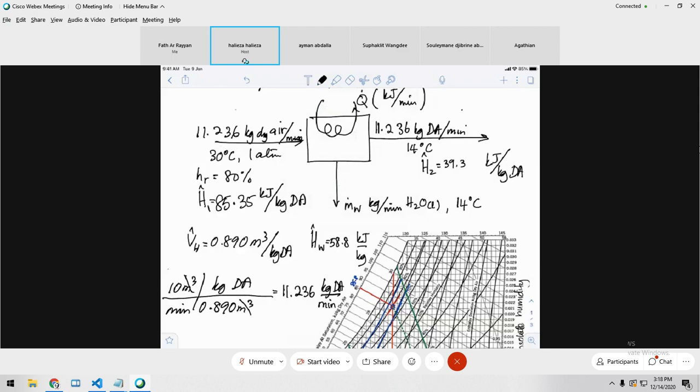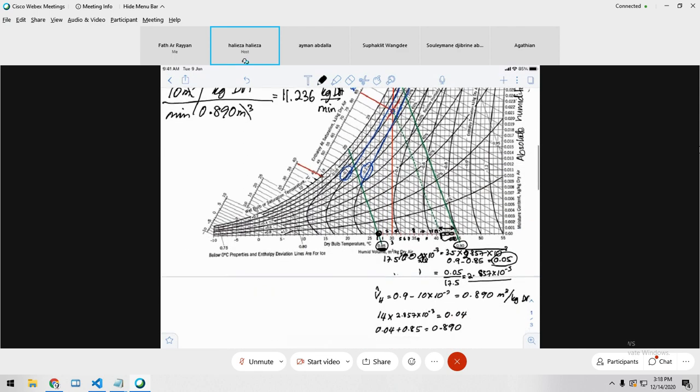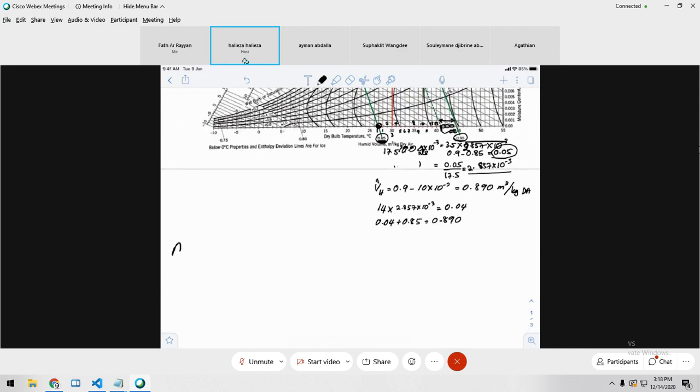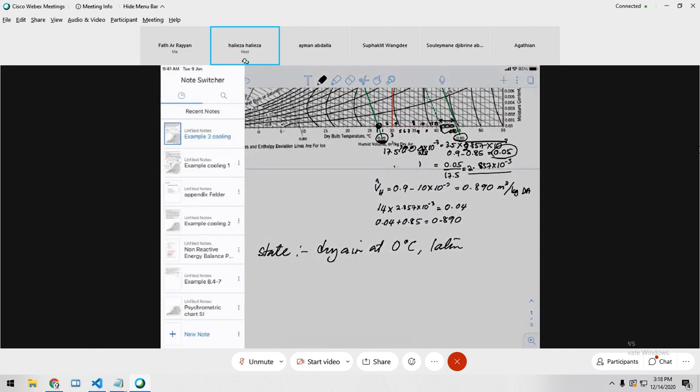So now what we're going to do next, we're going to write down our reference state because we're going to do our energy balance. So your reference state must be that of your psychrometric chart because you obtain your enthalpies from that psychrometric chart. So dry air at 0 degrees C, 1 atm. Let's make sure that this is the correct reference state.